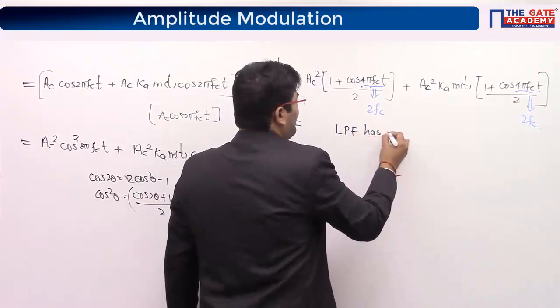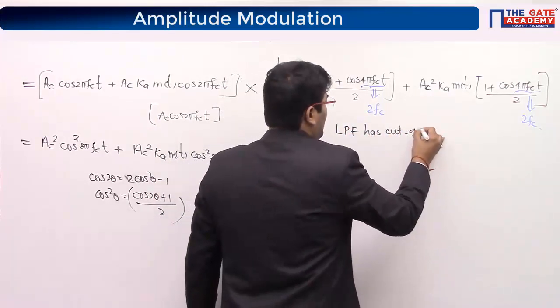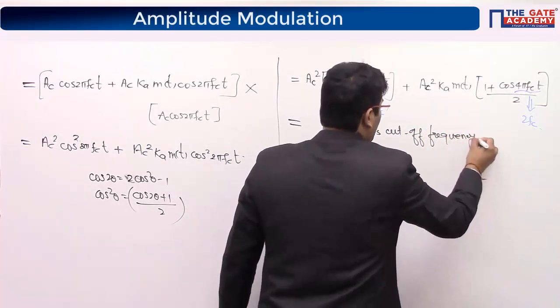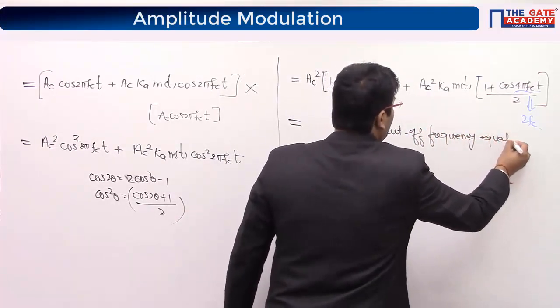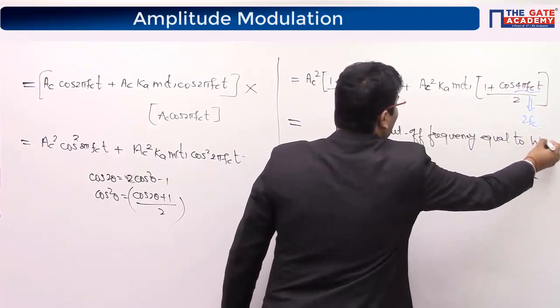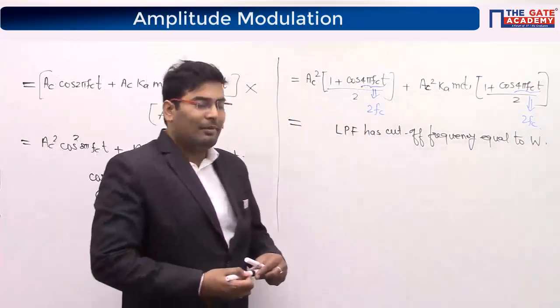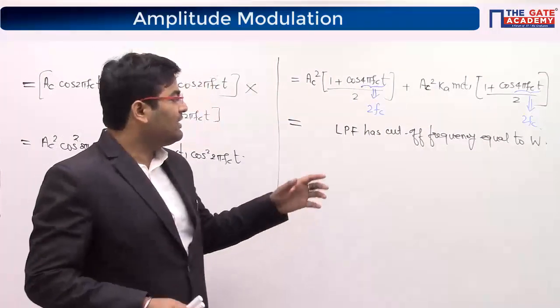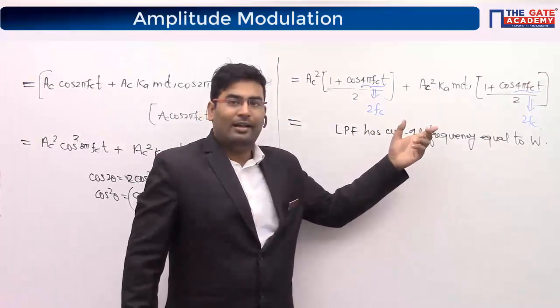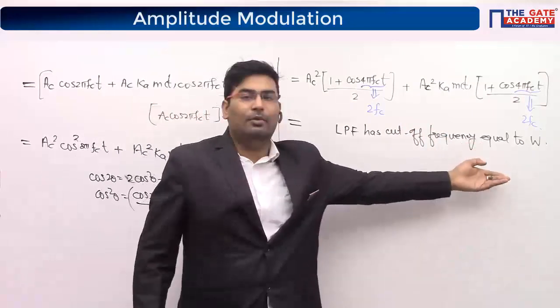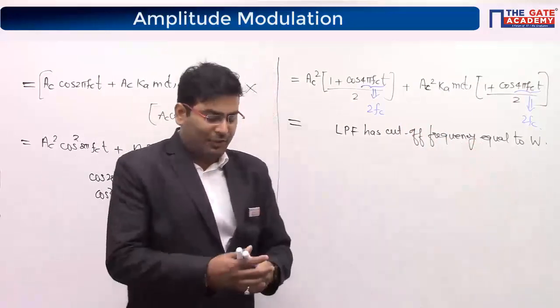has a cutoff frequency equal to, remember, W, the same W, the message frequency. So now guys, trust me, the low pass filter is saying that I will not pass anything which is beyond W, and W is the message frequency, right?